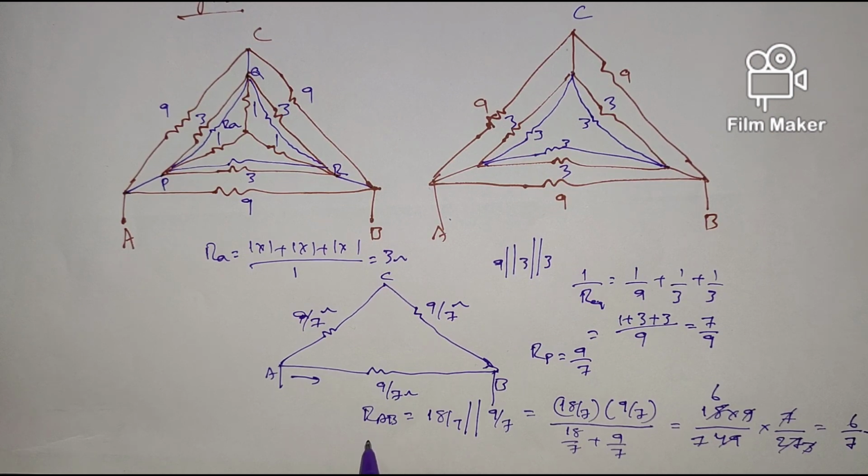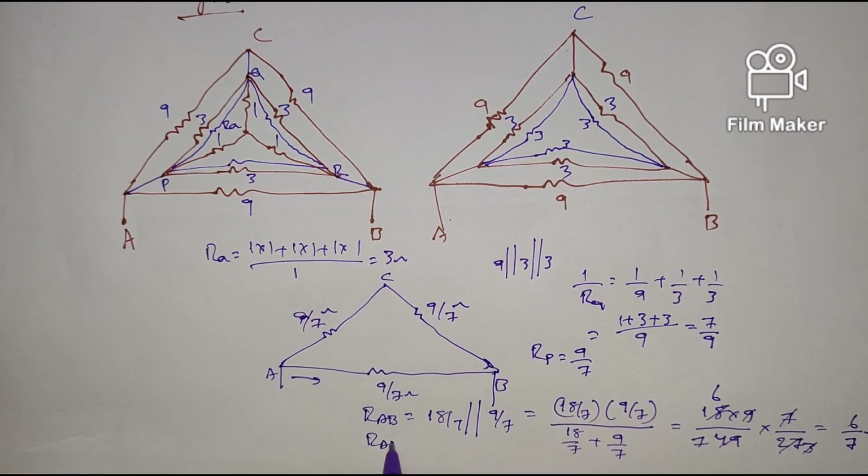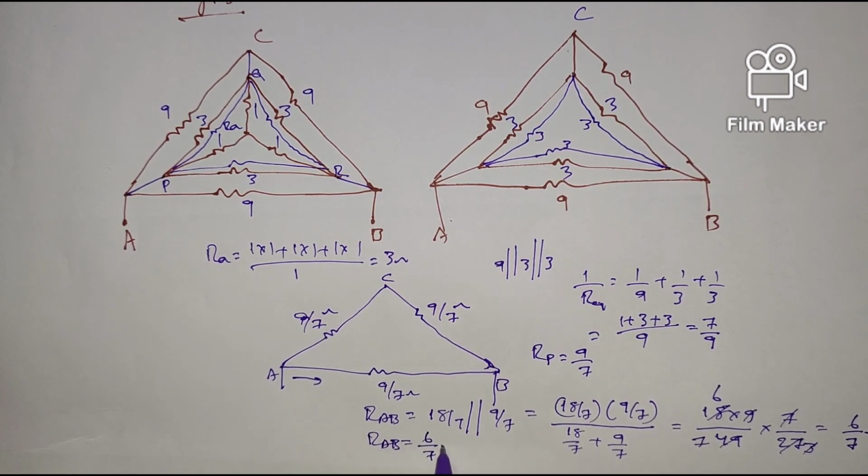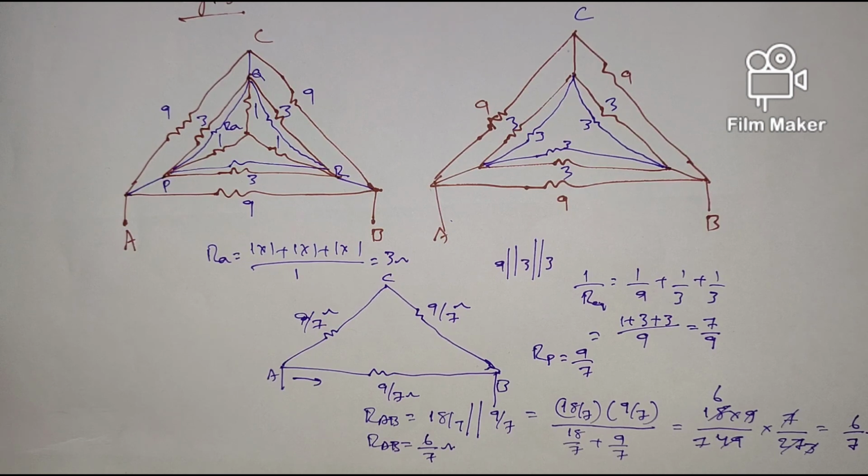So finally we have got the value of RAB equal to 6 by 7 ohms. Such kind of complex problems also can be solved with the knowledge of star to delta transformations.